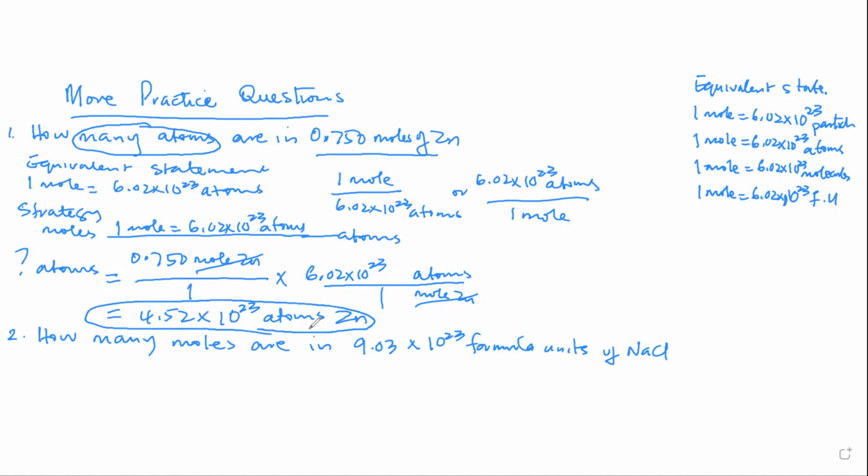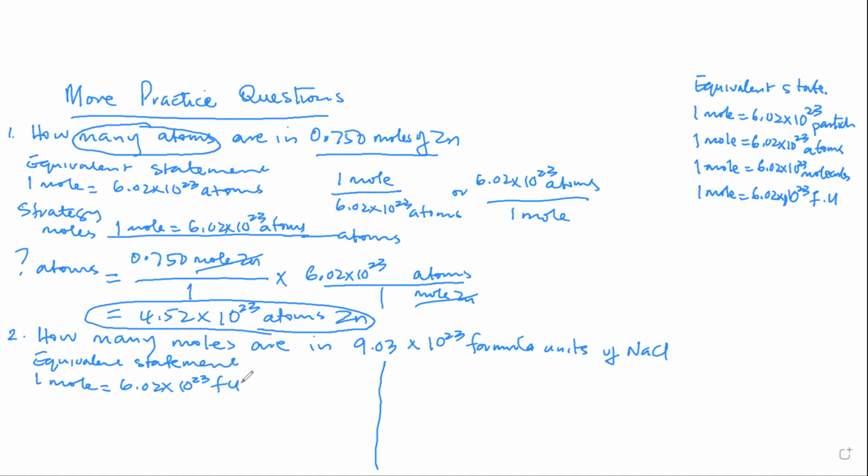Now, the second question is, how many moles are in 9.03 times 10 to 23 formula units of sodium chloride? Formula units and moles, here we go. So the equivalent statement will be 1 mole equal to 6.02 times 10 to 23 formula units.